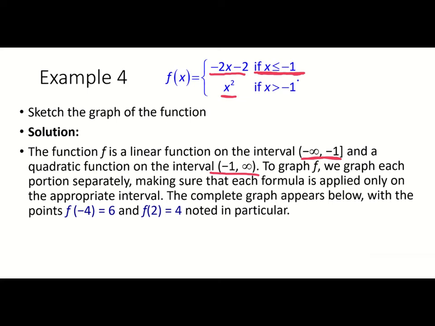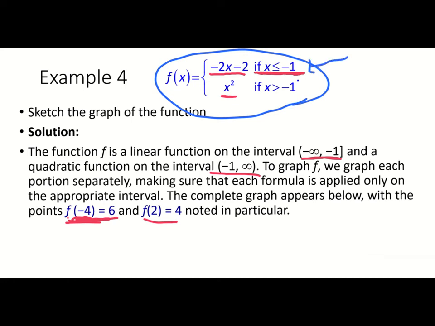We're going to take a look at the complete graph in a minute, and like they did, points: f of negative 4 equals 6 and f of 2 equals 4. Now, what's important with these 2 points is f of negative 4 equals 6. That negative 4 will only work in one of these 2 equations. Which one does it fit into? Hopefully, you're thinking, well, that number is less than or equal to negative 1.